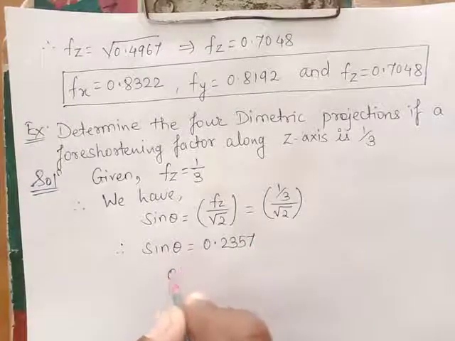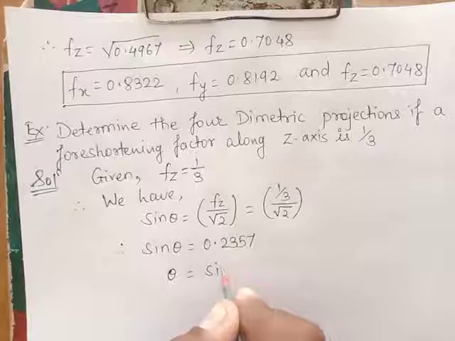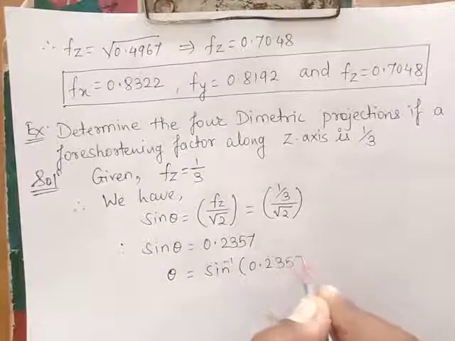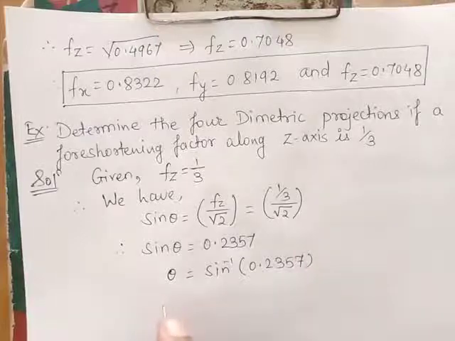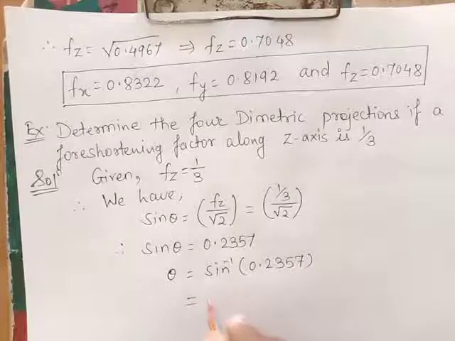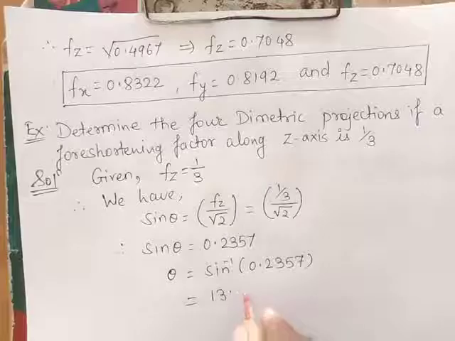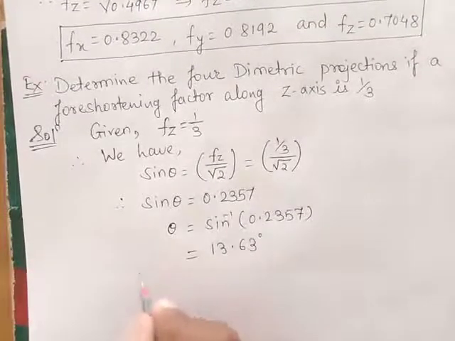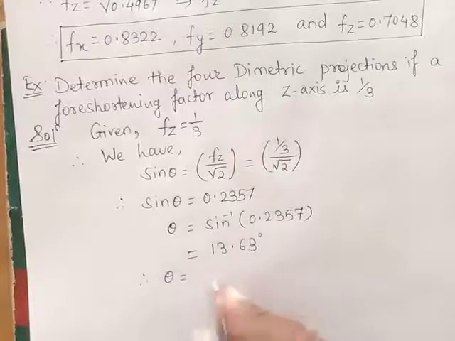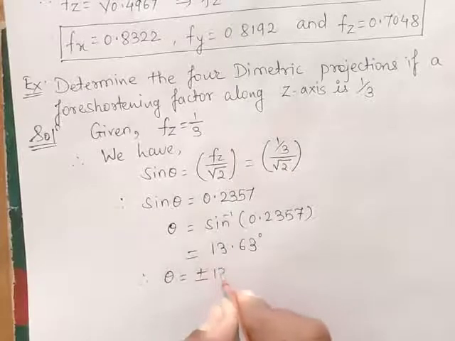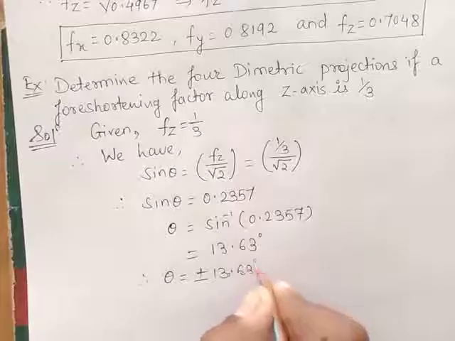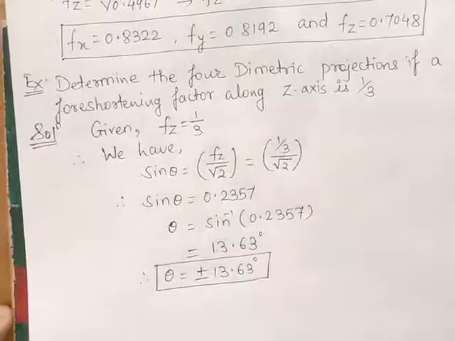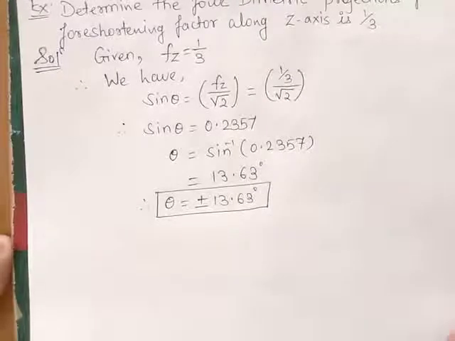Therefore theta equals sin inverse of 0.2357, and that value is 13.63 degrees. So we get theta is plus minus 13.63 degrees. Similarly, we can obtain phi.